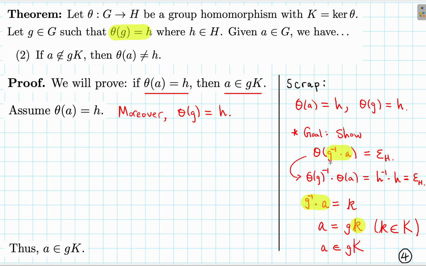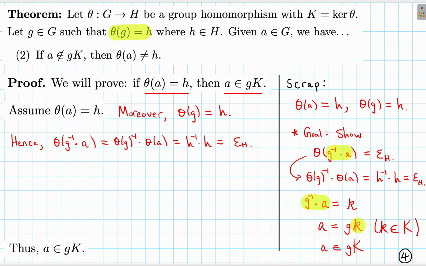And now we can compute theta of g inverse times A. Hence, theta of g inverse times A is equal to theta of g inverse times theta of A, and that's equal to h inverse times h, which equals the identity element of the codomain.